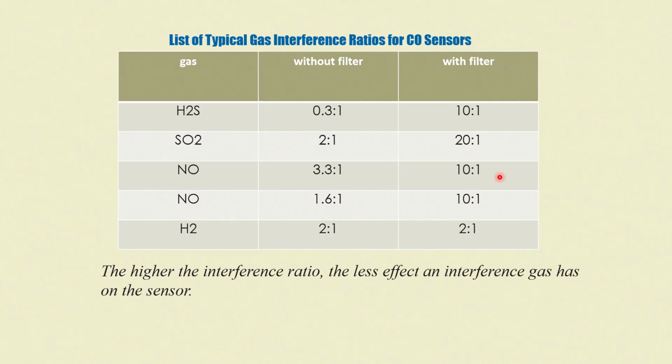Suppose you have a packet of about 1 kg chips, we do not want oxygen, meaning the limit of oxygen would be very low. In only about half a liter of packet you have to determine such a small quantity of oxygen if it has to pass FSSAI conditions. So, here is a typical gas interference ratio for CO sensors.